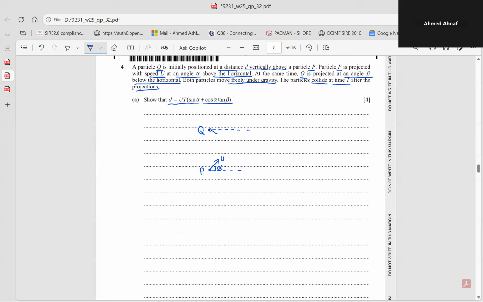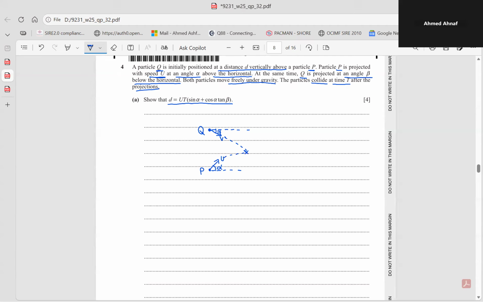They did not say what the speed of Q is, so I guess we're going to have to go with v at an angle beta below the horizontal. After this, they probably meet around here. We can estimate.